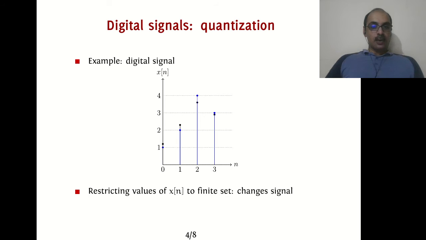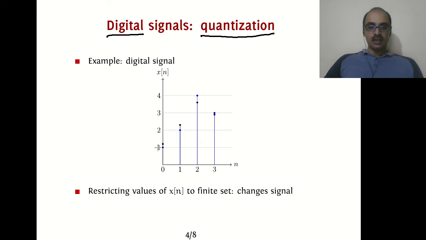When we talk about digital signals now, notice that we are now using the word digital. We bring in the concept of quantization. Quantization refers to the restriction of the values which the signal can take. Over here, we represent the digital signal using the blue stem dots.